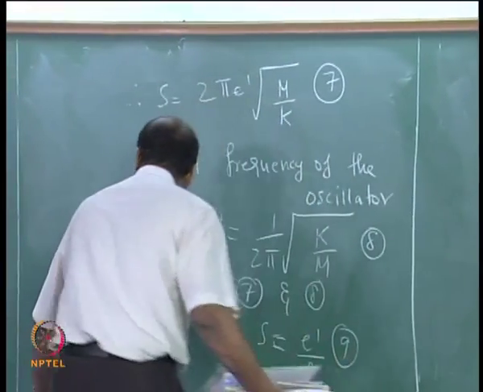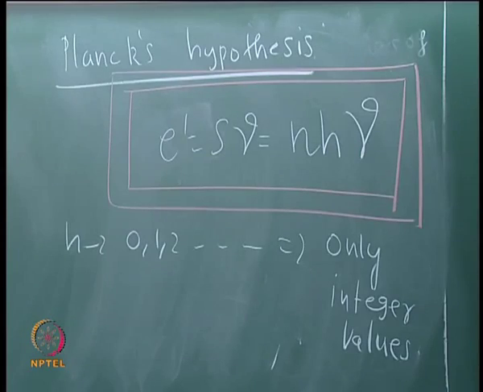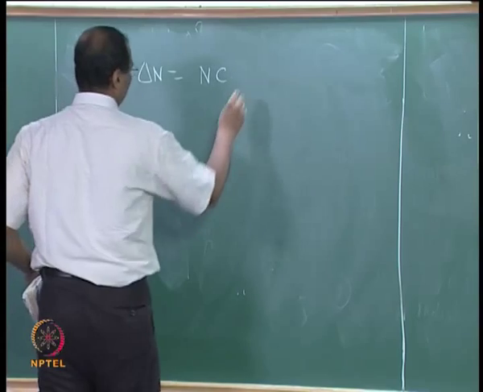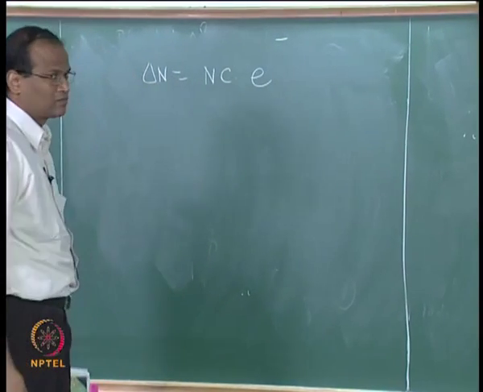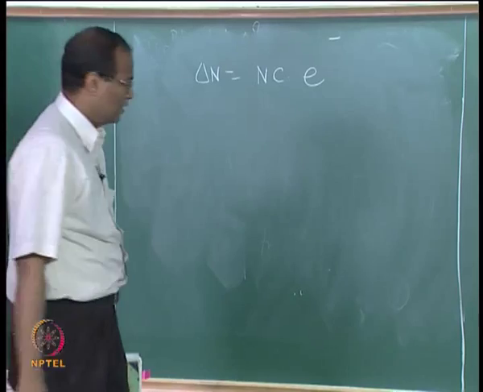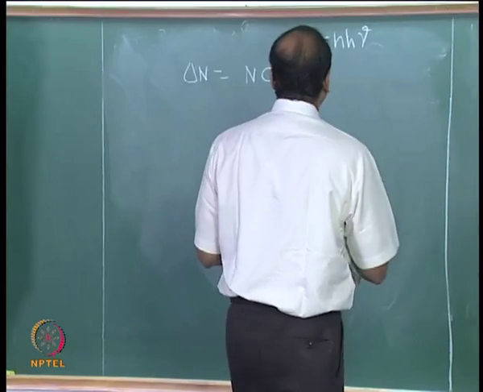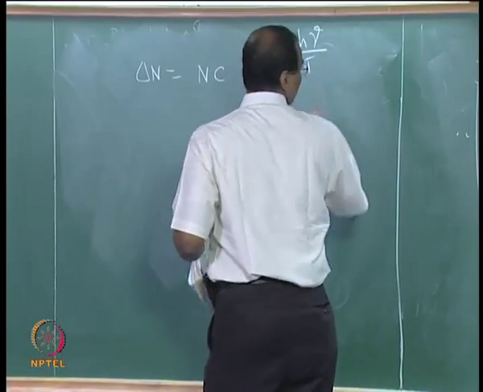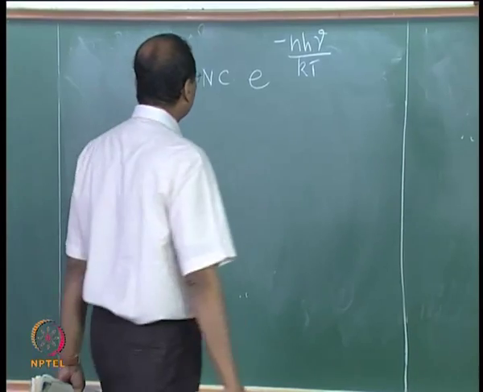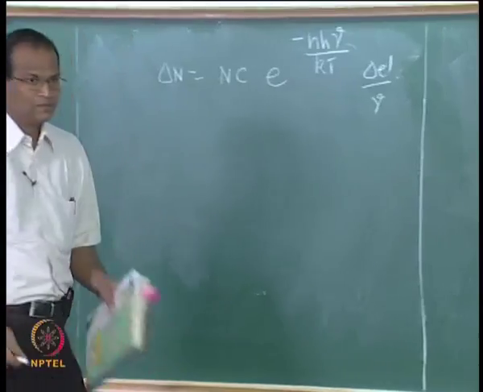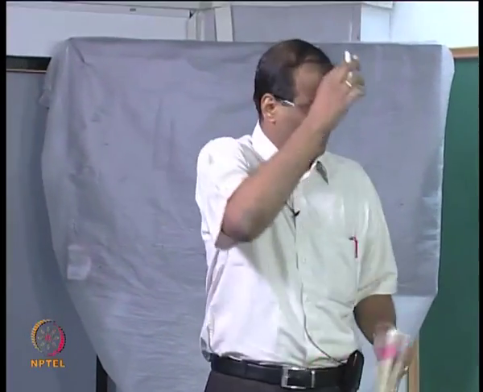Okay. Now, if this is the story, so delta n becomes, with this Planck's hypothesis, n minus n h nu by kT is there, right, into delta E dash when you let this be there, okay.